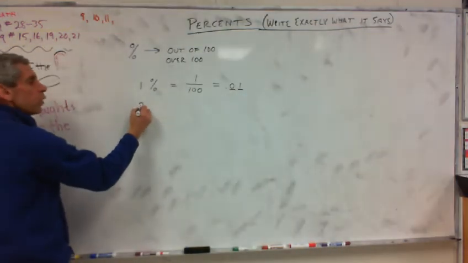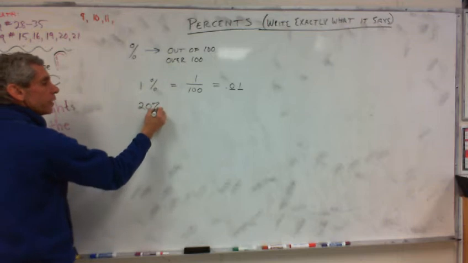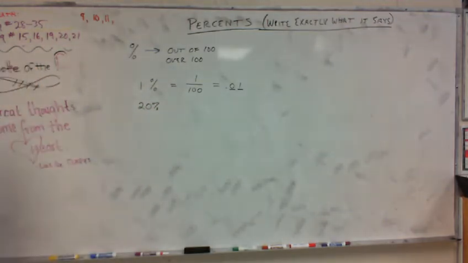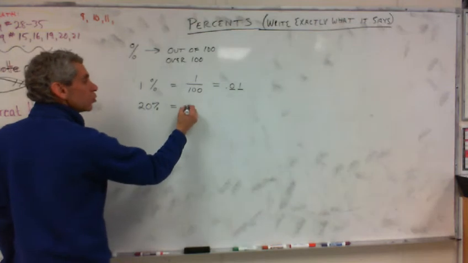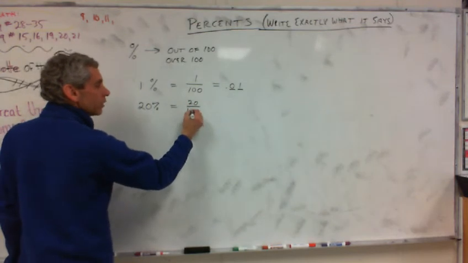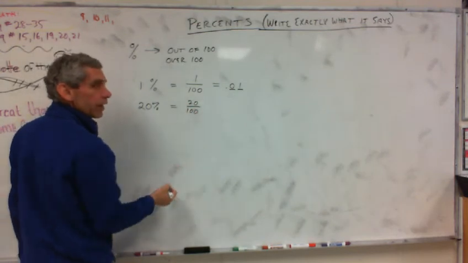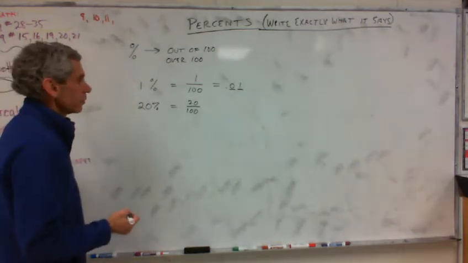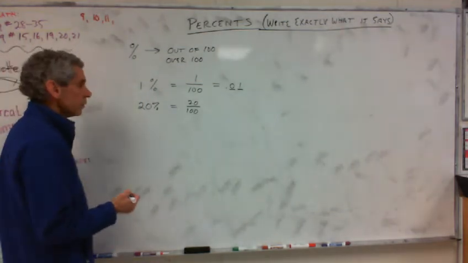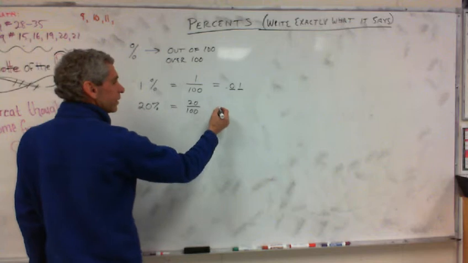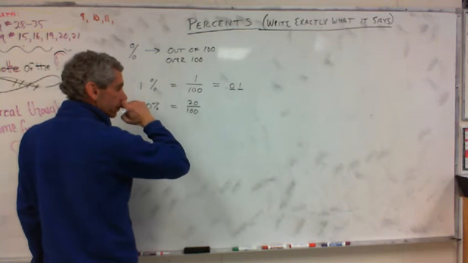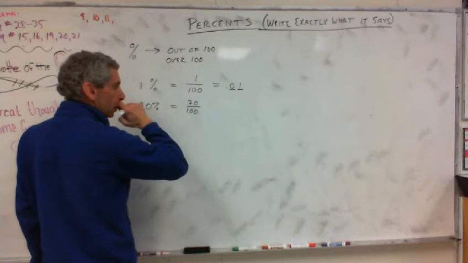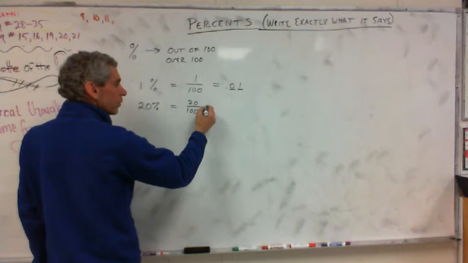So if we had 20% of the bicycles in town are red, that means 20 out of 100 bicycles are red. Does that make sense? It's a fifth too, right? So you could simplify this as 1/5, which equals 0.2.